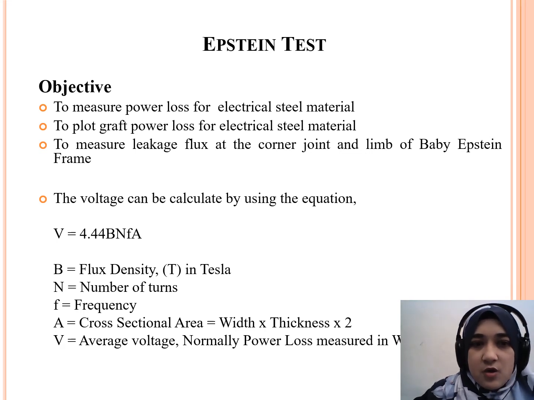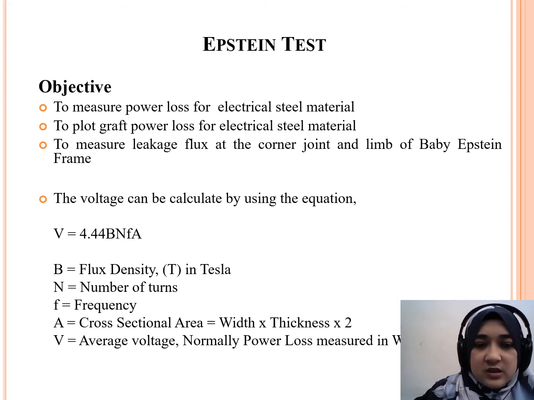For electrical application, we have two tests, the Epstein test and the single sheet tester. The Epstein test is to measure the power loss for electrical steel material. We can plot the power loss, and we can measure the leakage flux at the joint and the limb of the Epstein frame.